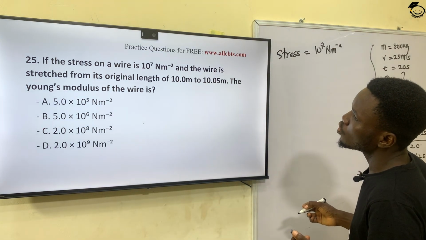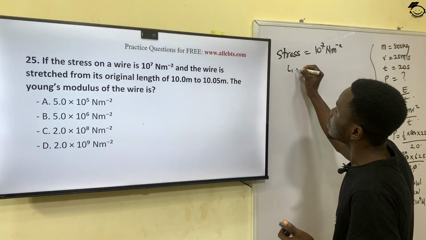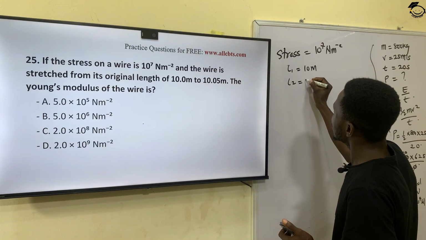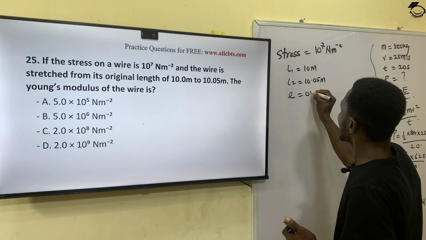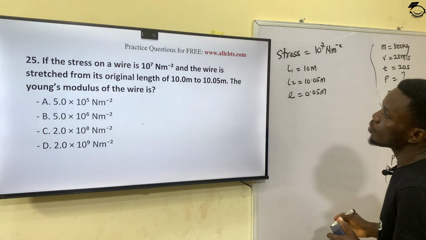And the wire is stretched from its original length, so our L1 was given here as 10 meters, and our L2 is 10.05 meters. It means that my extension is 0.05 meters. Okay, the Young modulus of the wire is dash.